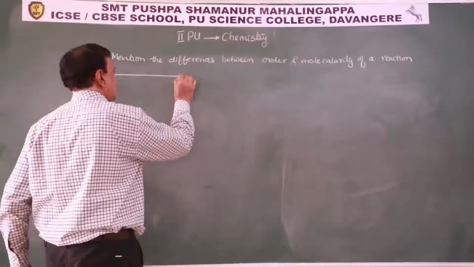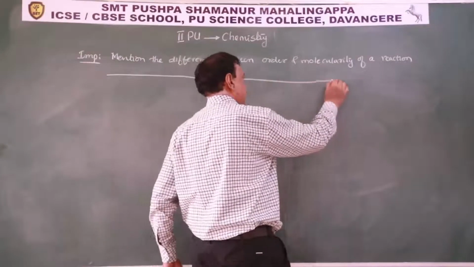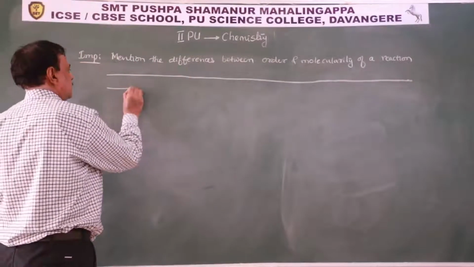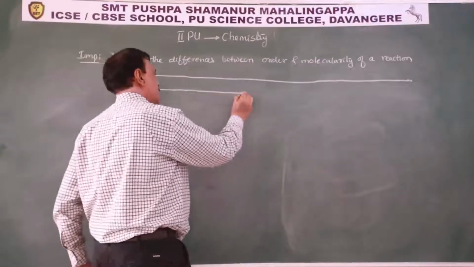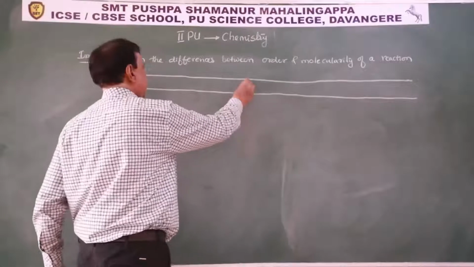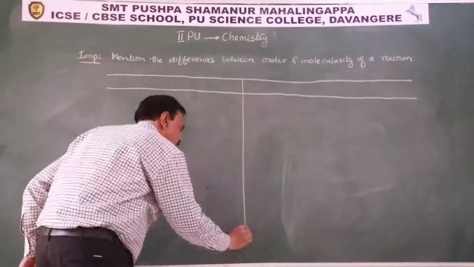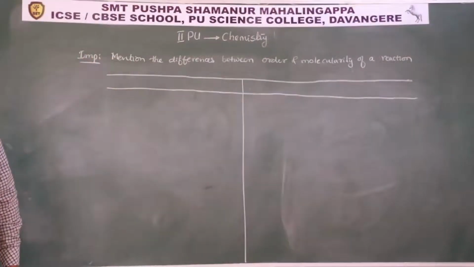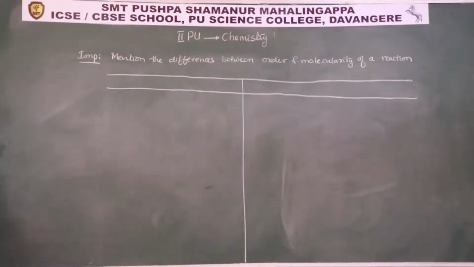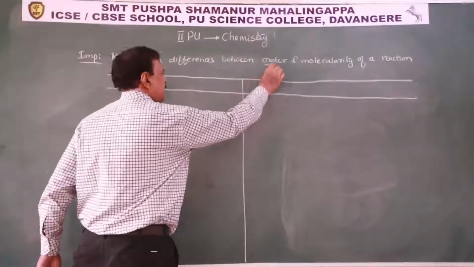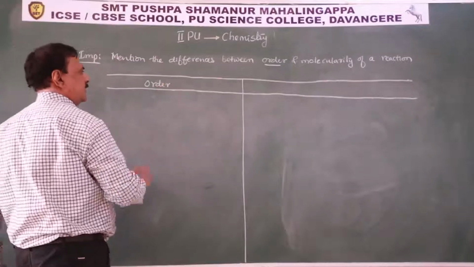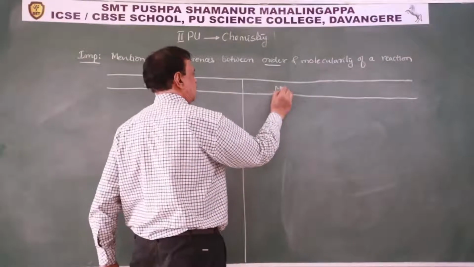Make two columns in your notebook. The first half is order and the second half is molecularity.